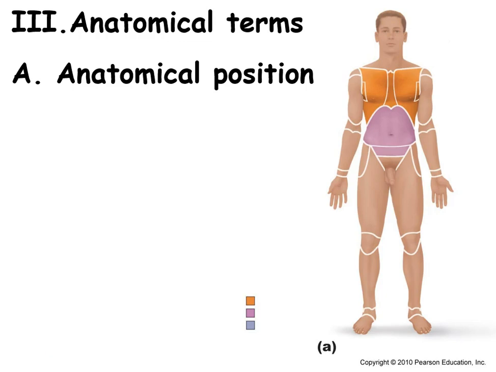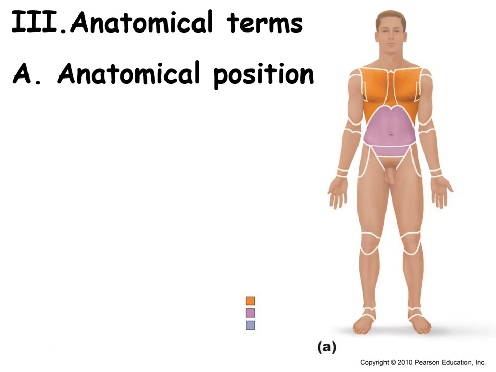So anatomical position gives us a starting place, somewhere we can start, and everybody can say, okay, I'm looking at this person, and looking at his hand, is his hand above or below his feet? Or is his knee above or below his elbow? Or looking at his leg, which is the further distance from his hip?